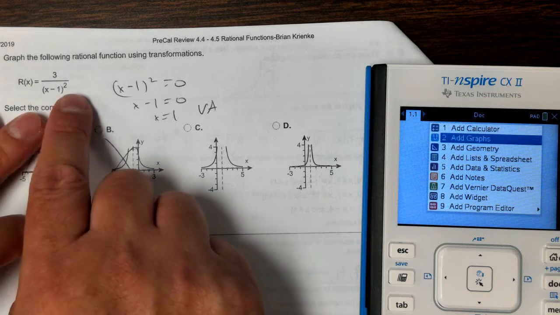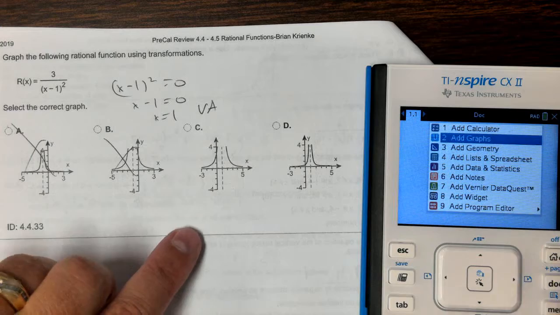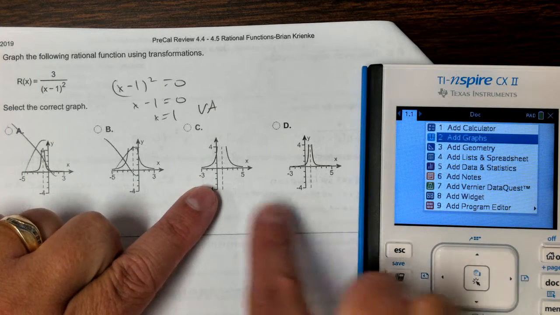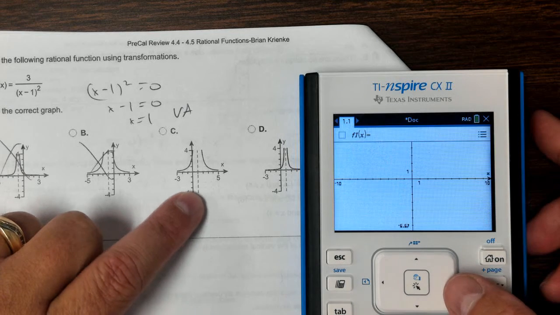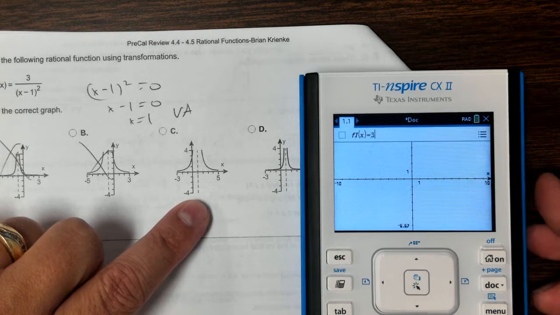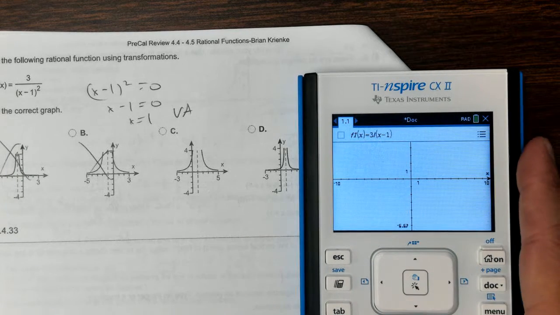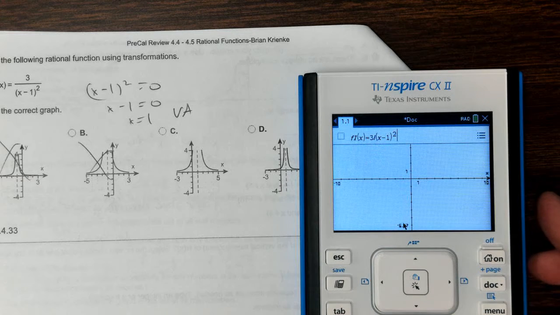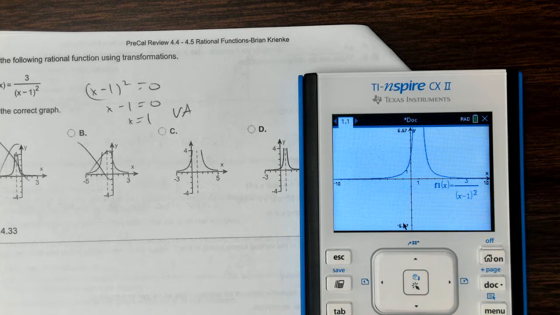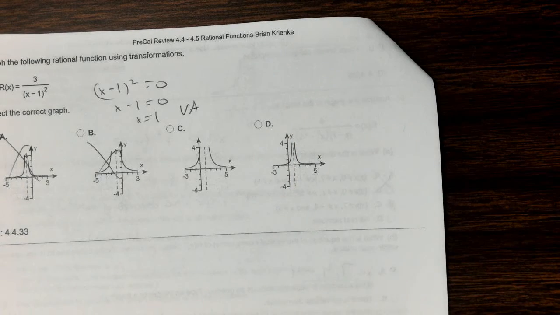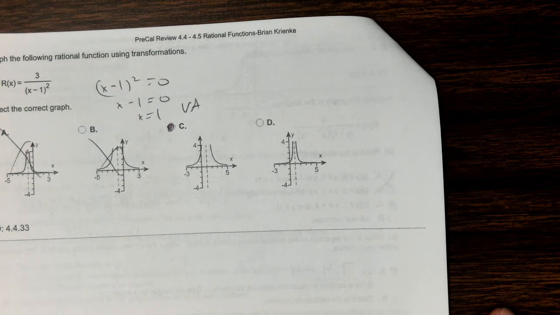We know that when it's x squared and it's positive that both are going to go up. So it's just a matter of how close is it when you have from negative 3 to 5. So 3 over x minus 1 squared. Okay, so that looks like the C graph. Any questions?